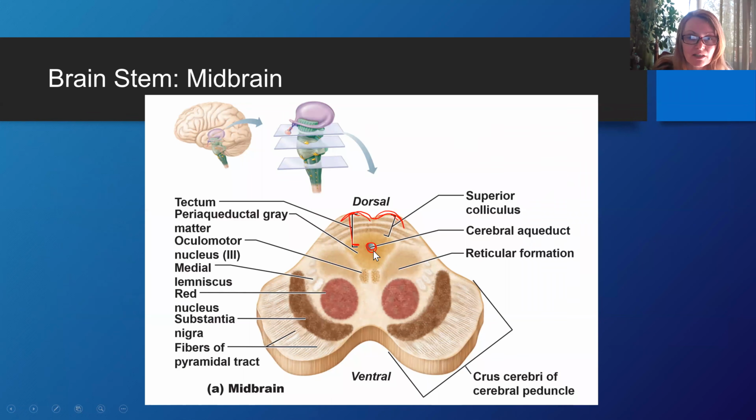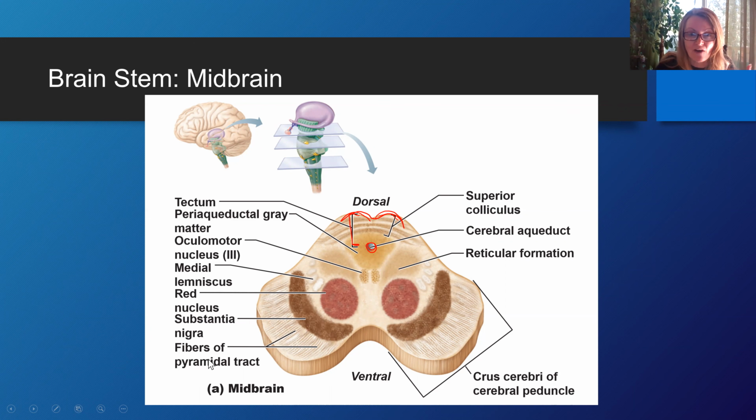It's not a central canal yet, but it's a space where you would find cerebrospinal fluid. And then you have lots of different parts, right? We call them nuclei, or some tracts. So information goes up and down.